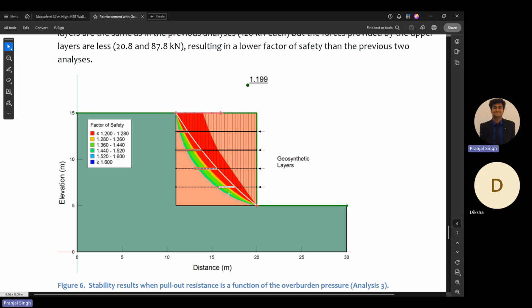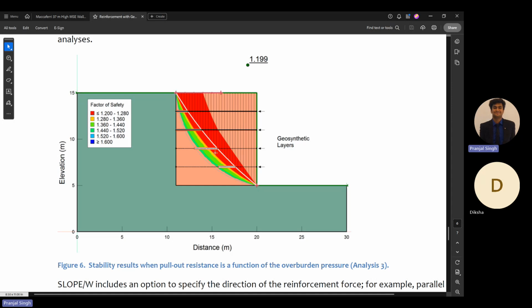However, it is opposite to the spacing, because you have to decrease the spacing as you go down, because the amount of force the reinforcement layer encounters increases with depth. So one is the spacing and one is the length. Here you can see that this value is not sufficient in the first two cases.